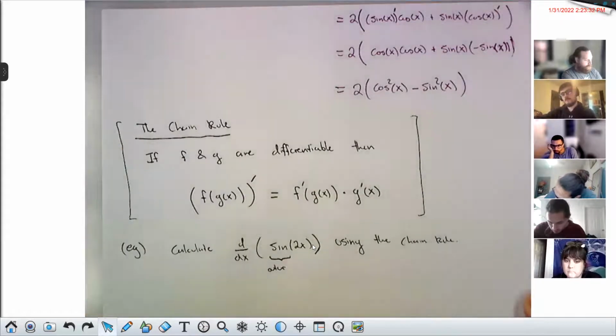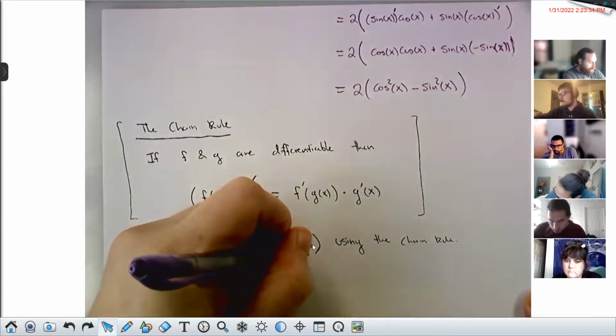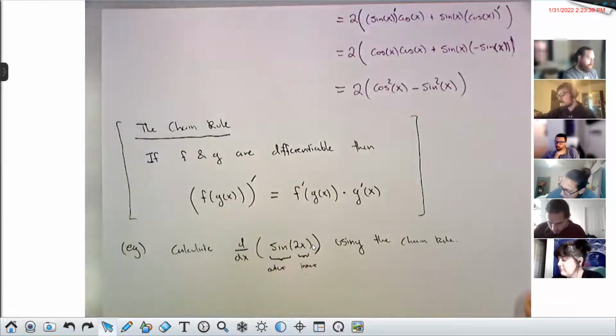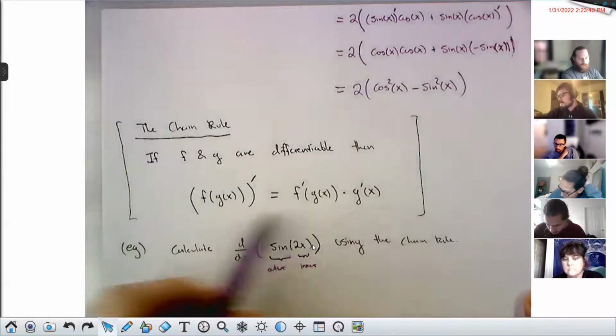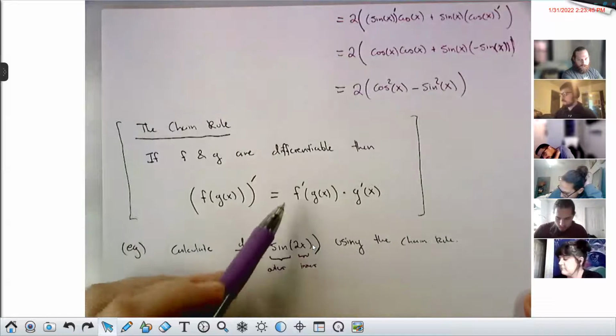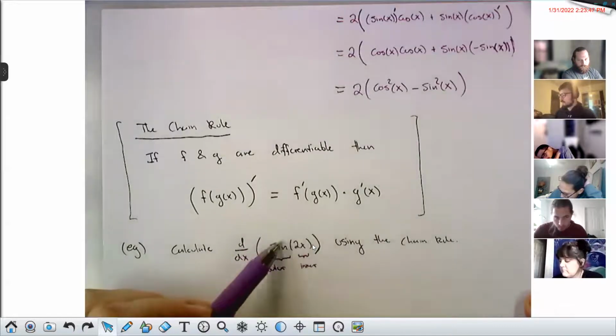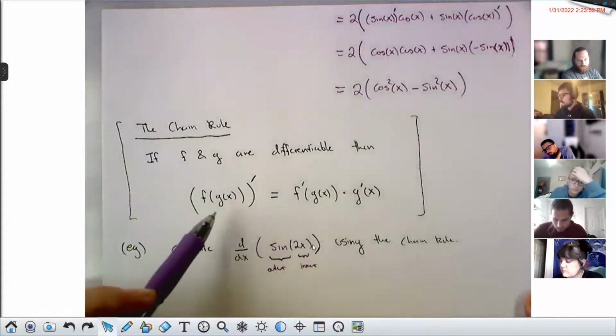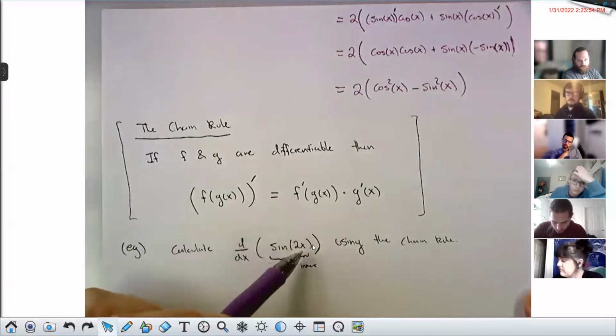Sine is the outer function here, and 2x is the inner. In other words, in this notation up here, sine would be f, and 2x would be g. So I want to find the derivative of f of g.